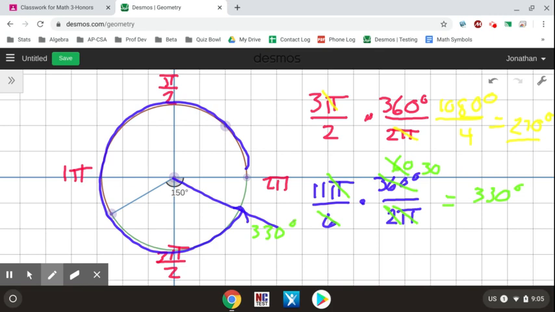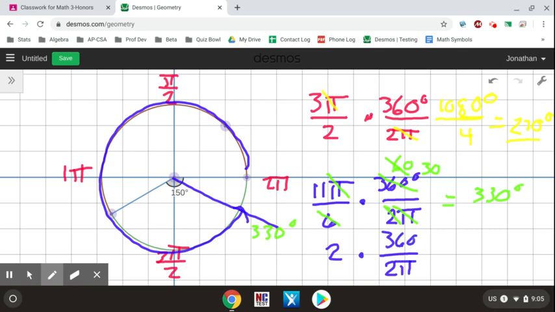Hopefully this will help you. There's one other one I probably want to do, to help you with one that might seem a little bit more challenging. Sometimes you'll just have something that's just 2 radians and it will not have a pi. Even though this does not have a pi, since it does not have a degree symbol, it's in radians. So I still have to put the radians on the bottom, the 2 pi on the bottom, and the 360 on top.